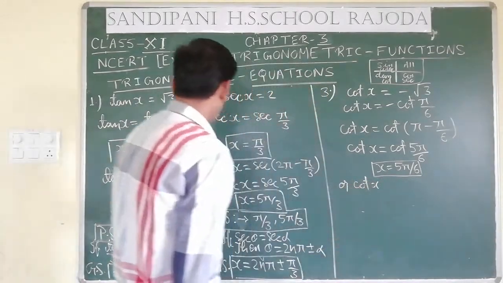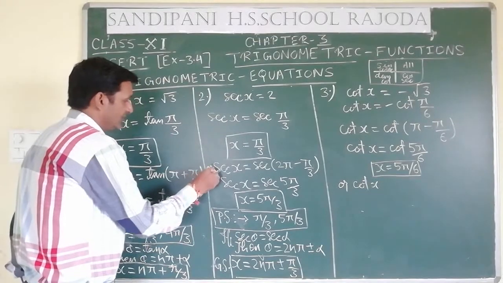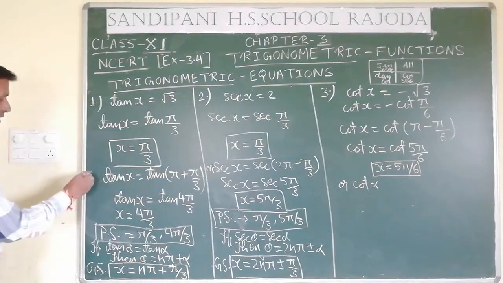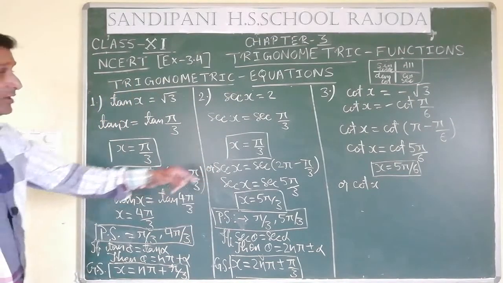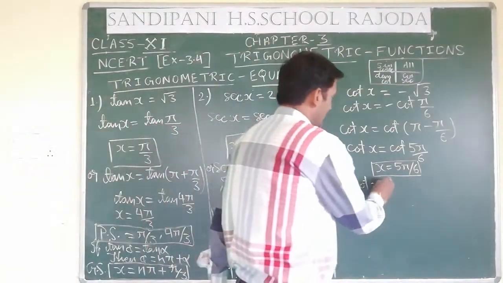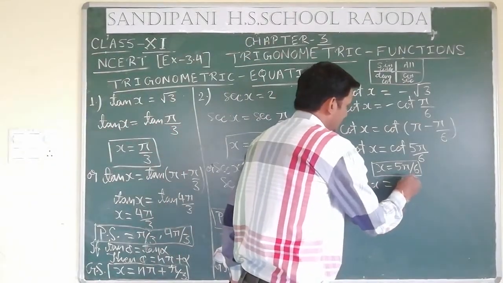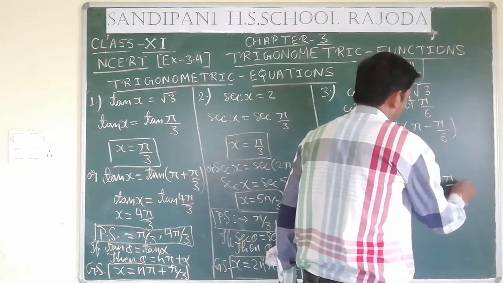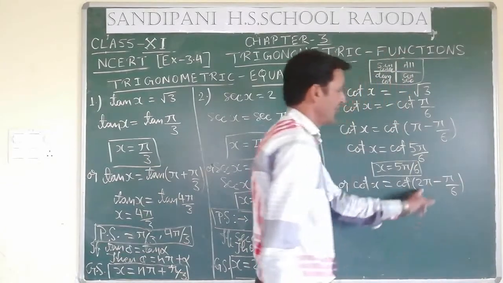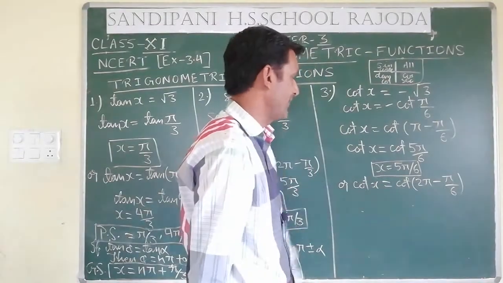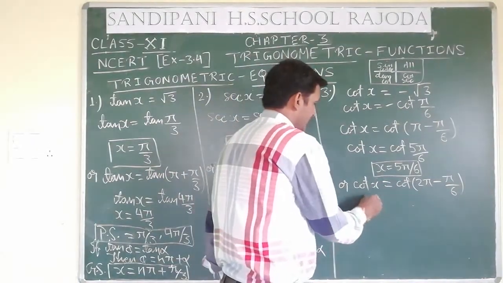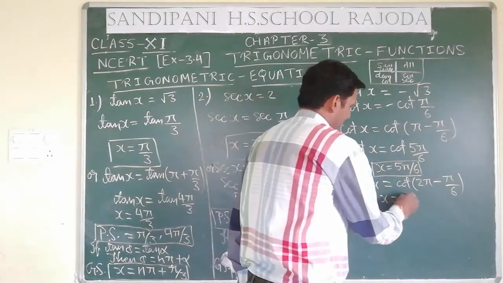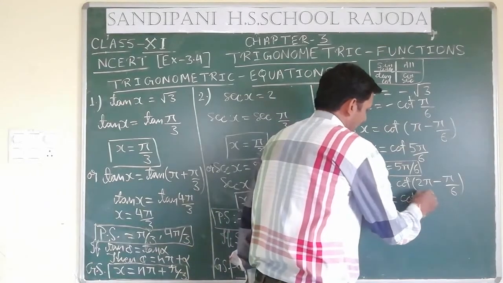Now it may be possible that cot x is equal to, or. You may write here 'or' because we are solving two parts for the principal value. Here also 'or' is applicable. So cot x is equal to cot of 2 pi minus pi by 6. That is 12 pi minus pi, it is 11 pi by 6. So cot x is equal to cot 11 pi by 6.